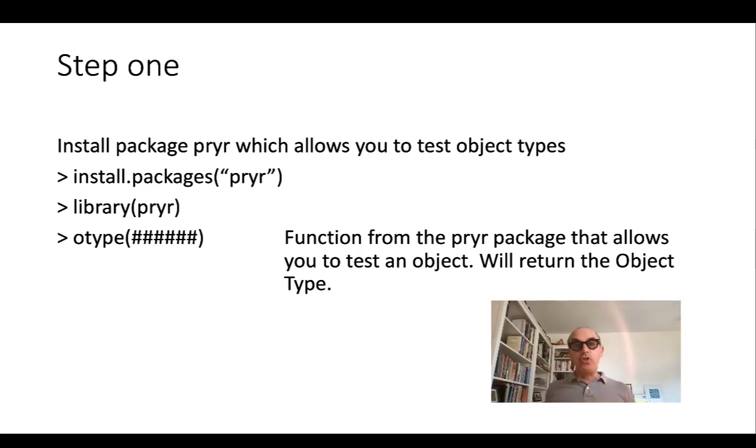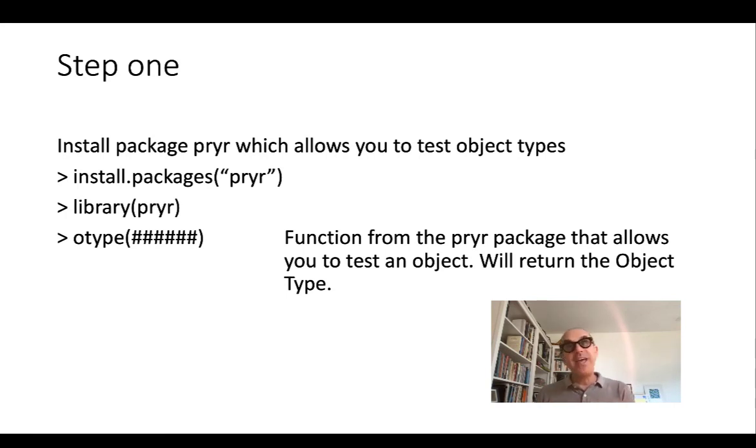There is a package, and so you're going to install a package, and one of the functions created is otype, which is a function that allows you to test an object and will return that object type.